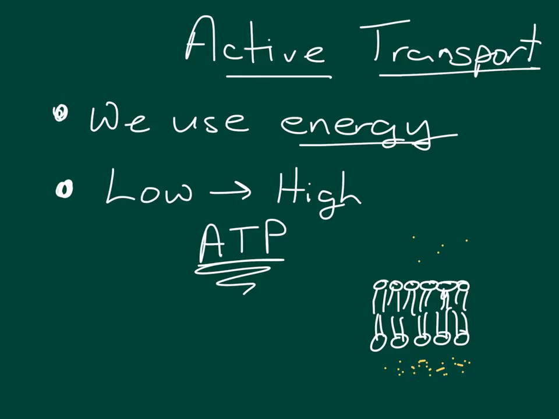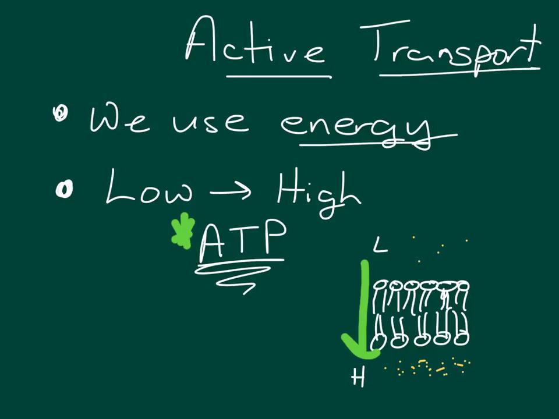If for some reason you want to move these few into the place that already has a lot, so remember this is high and this is low, if you want to move them in that direction so that you have some kind of flow that's against what's natural, against the low energy state, so if you want to take these low and move them towards the high, then you're going to need energy, and you're going to need that energy in the form of ATP.